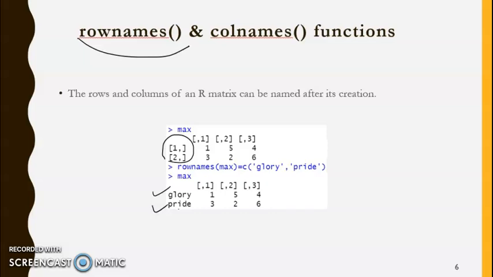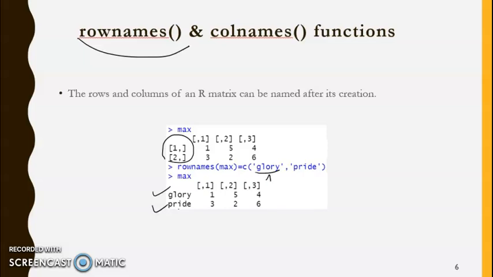So we put row names of what? Row names of max are equal to this vector. Again, see how important vectors are as a data structure. So you put the first, do you remember we said every element of a vector is indexed?